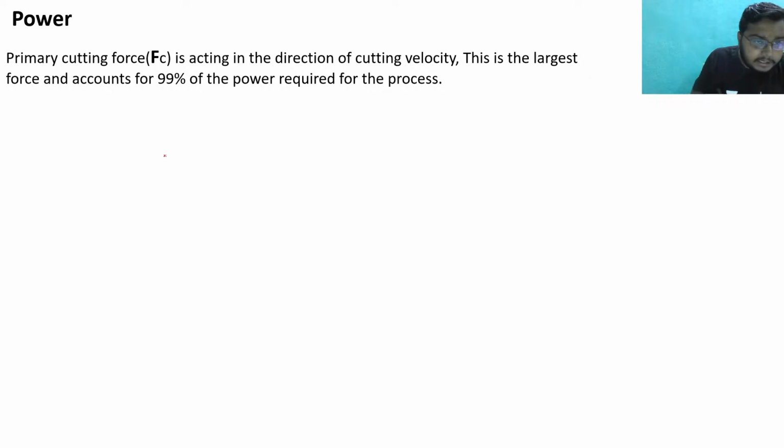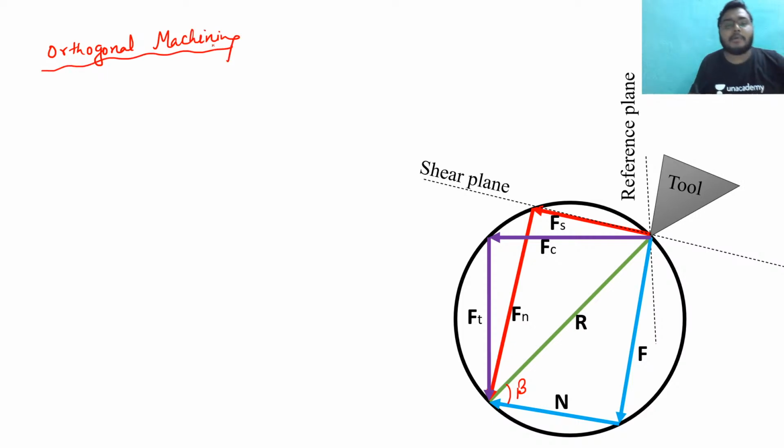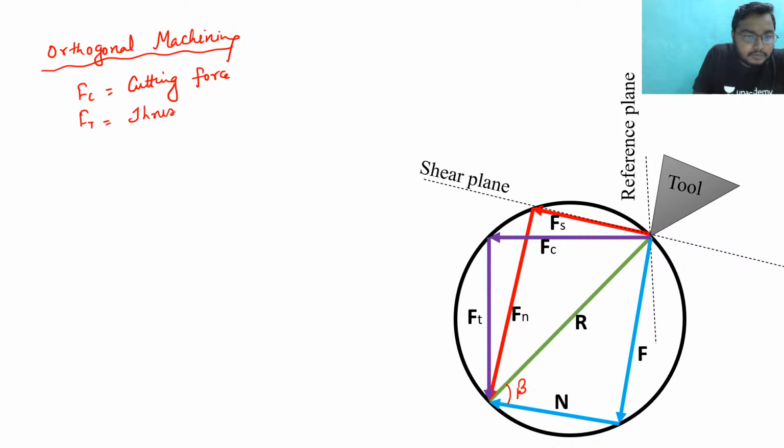Let me write it here. If you talk about orthogonal machining, then you have two forces, that is Fc, cutting force, and Ft, that is thrust force.